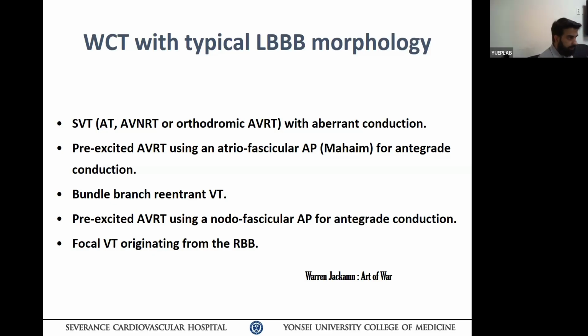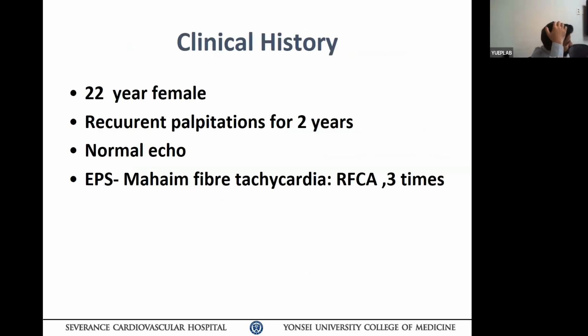Yeah. And do you want me to reveal what the diagnosis in this patient is? Or do you want to just vote which ones you favor among this list for this patient? She was a 22-year-old female with recurrent palpitation for 2 years, very troublesome palpitations.